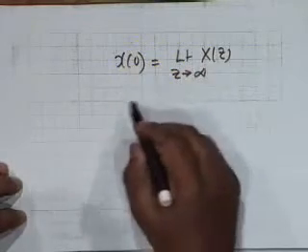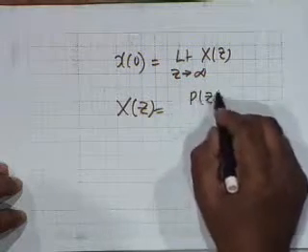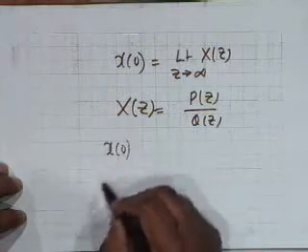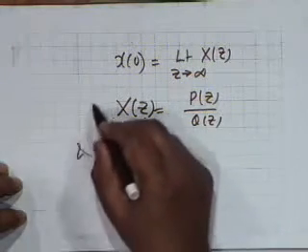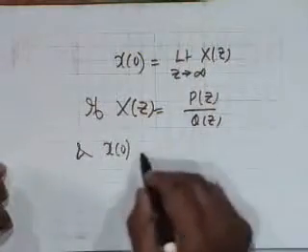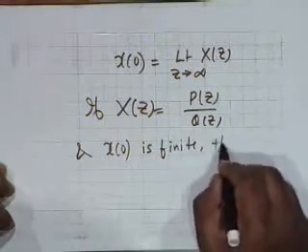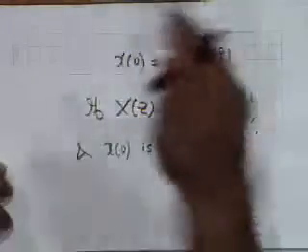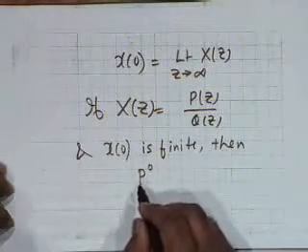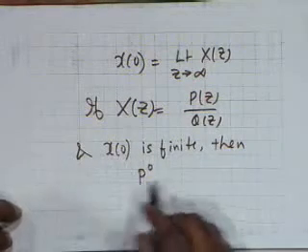A consequence of this is that if capital X of z is, let's say, P of z by Q of z, and x of 0 is finite, if X of z is a rational function p over q, and if x of 0 is finite, then what is the conclusion? Same degree. Degree of p, which we denote, is less than.